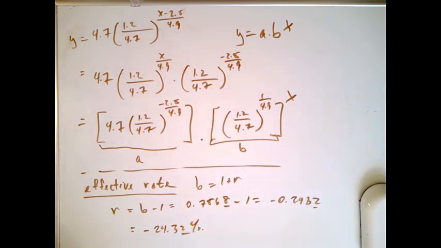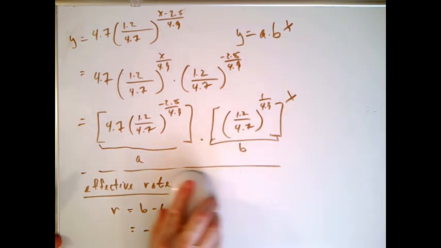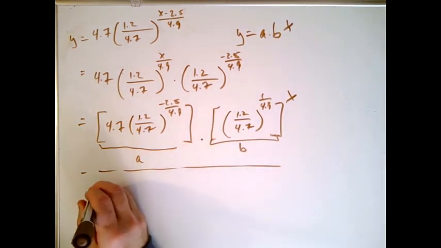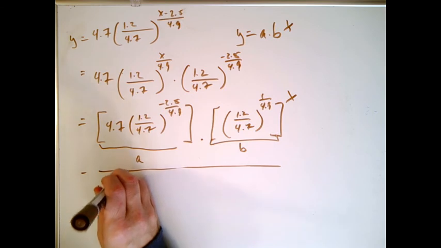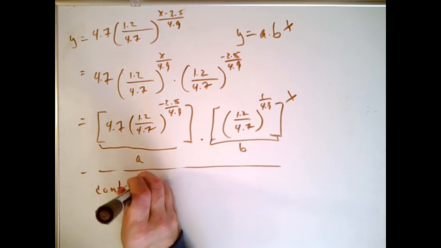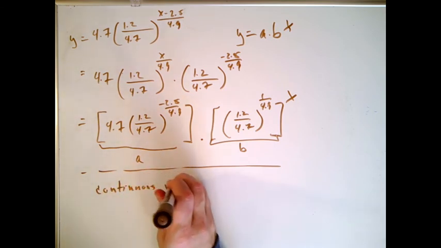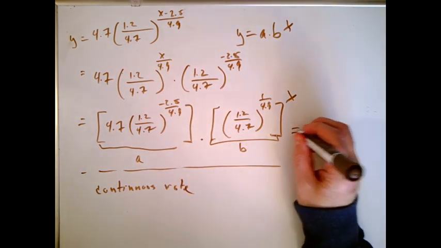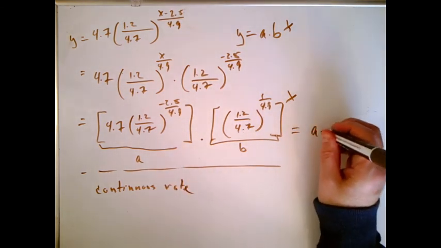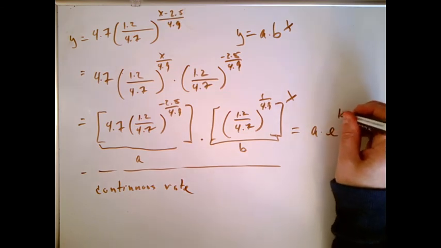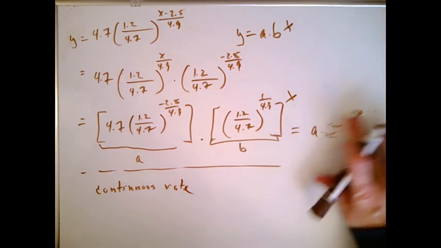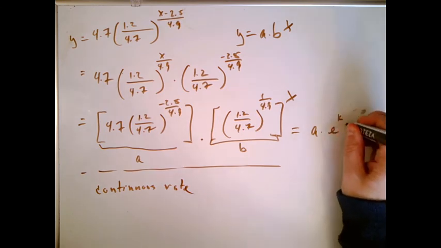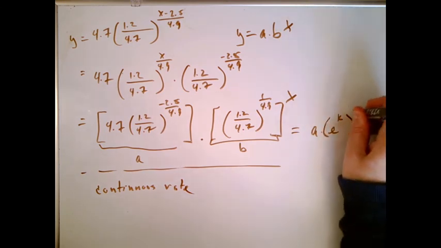Now, how do we find the continuous rate? Continuous rate. Well, remember what we're trying to do here is rewrite all this as a times e to the kx. In fact, why don't we rewrite that as e to the k times x, like that.